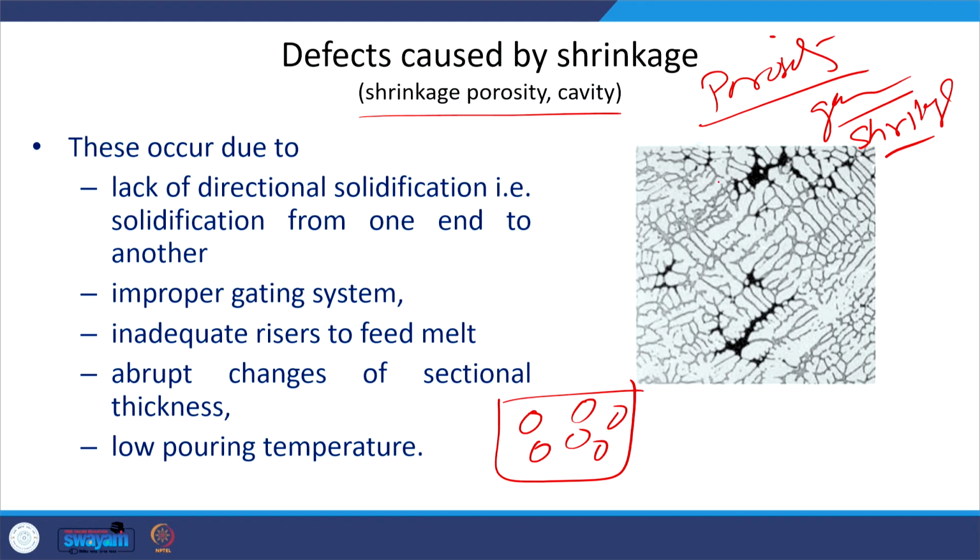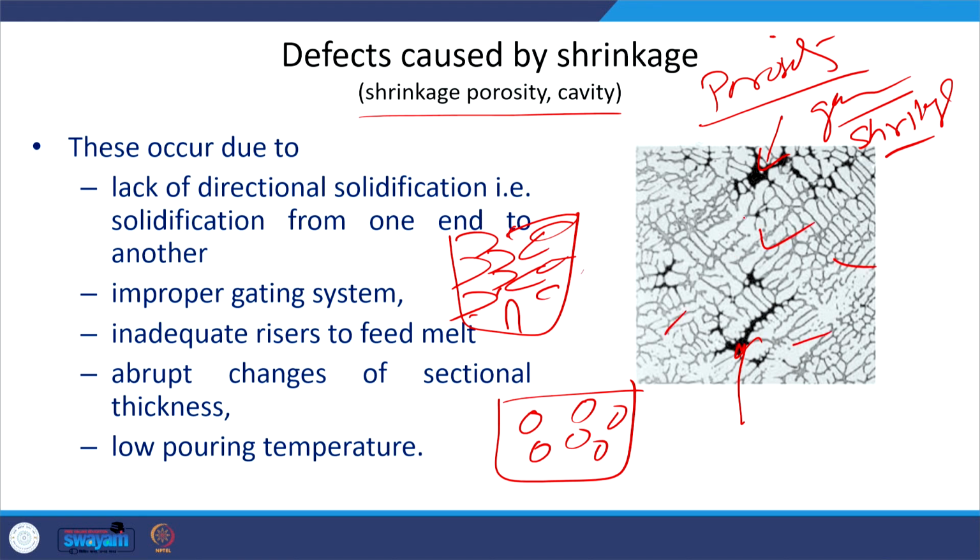But when we find that the molten metal is not able to reach the interdendritic arm spacing, like say this is the casting and it is getting solidified from all the sides. It is possible that a few dendrites have solidified, which is fine, but in between, due to the shrinkage, some gap is left unfilled.